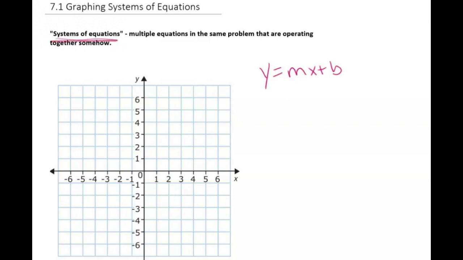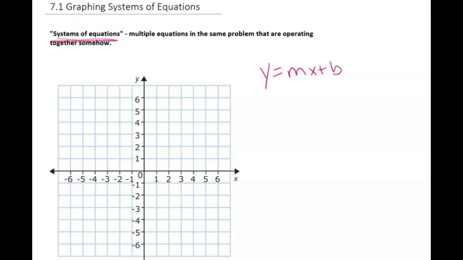So this is going to be the first of 3 tools that we're going to teach you as a system of equations. But what is a system of equations, you ask? And so here I've defined it for you. It is multiple equations in the same problem that are operating together somehow.